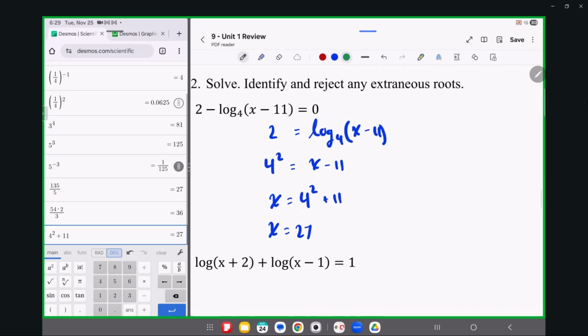Okay. So here in the first step, we moved the log over. On the next step, we used the exponential equivalent. On the last step, we isolated x. And then we simplified.